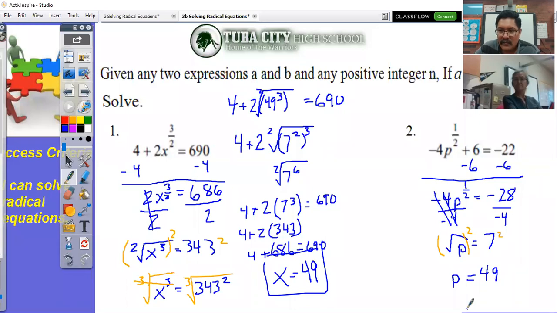So we get 49. And let's plug it in really quick. So square root of 49 is 7. 7 times -4 is -28. -28 plus 6 is -22. So that one was a lot easier to check.